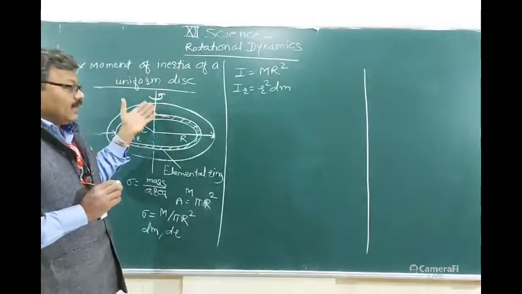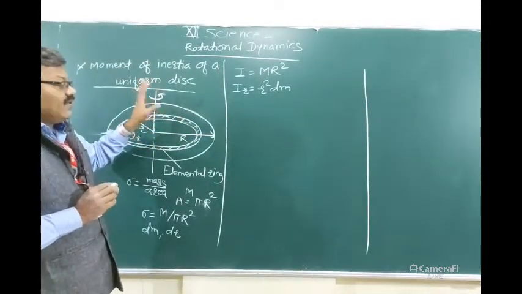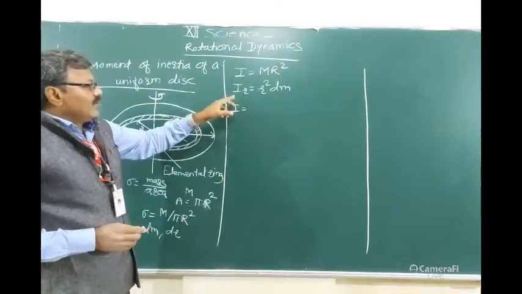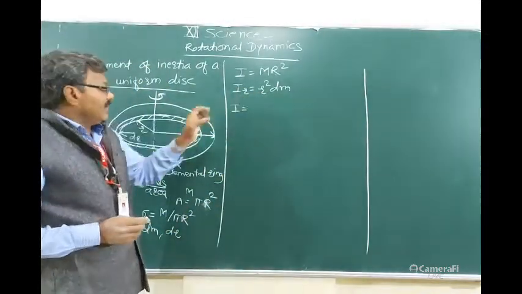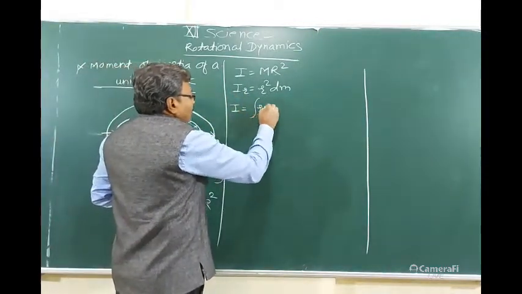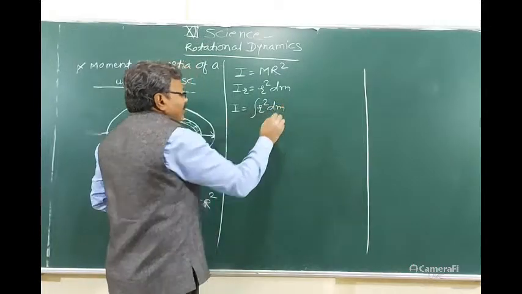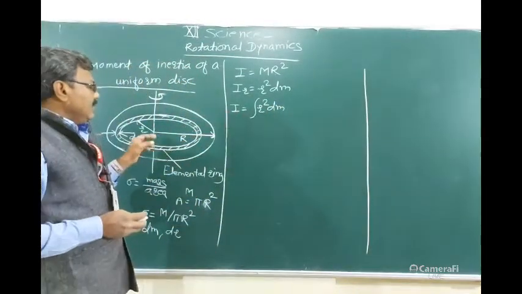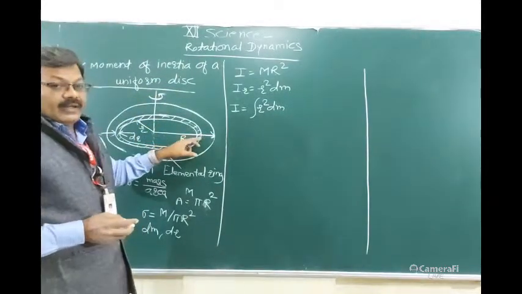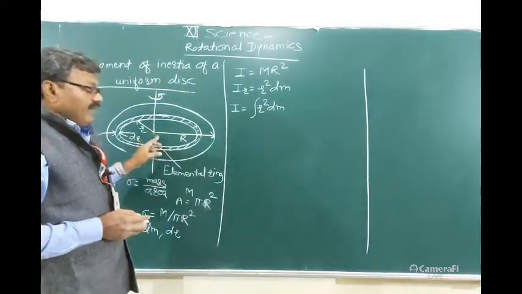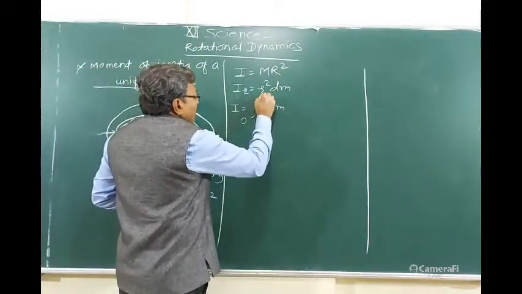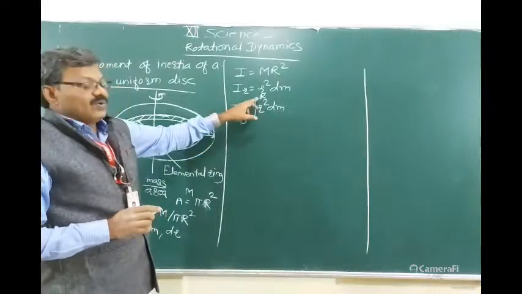The moment of inertia of the uniform disk, represented by I, is equal to the integration of r square into dm, with limits taken from 0 to R, since the radii of the concentric rings vary from 0 to R.